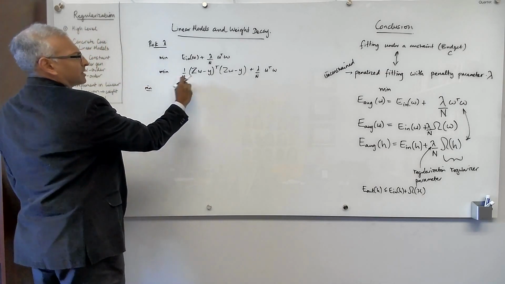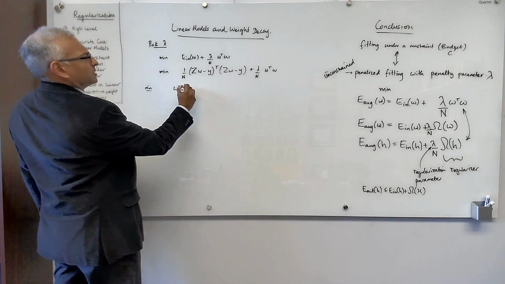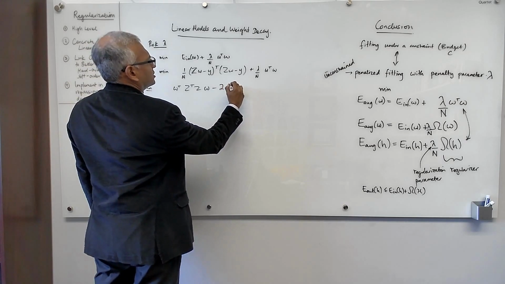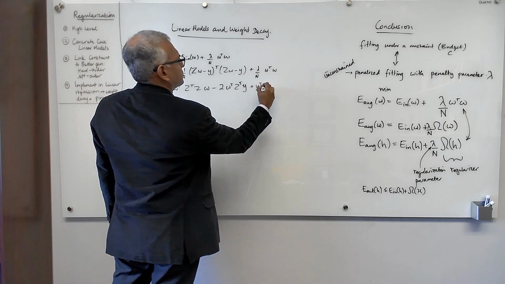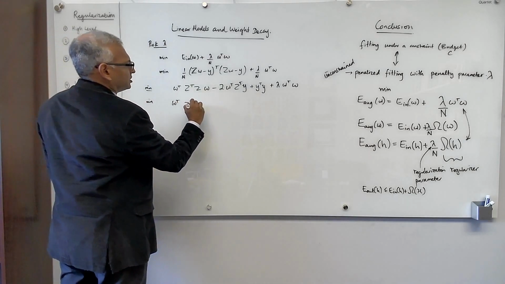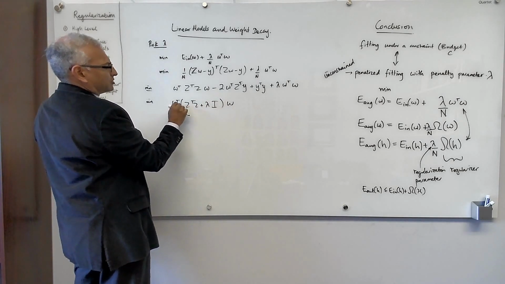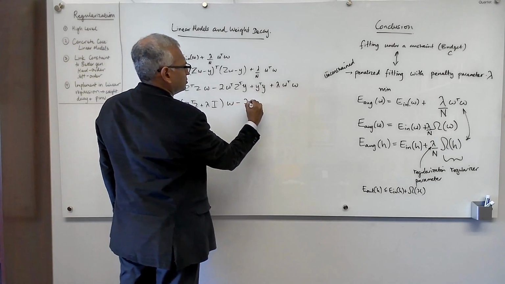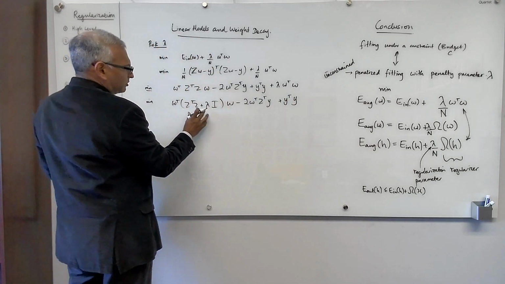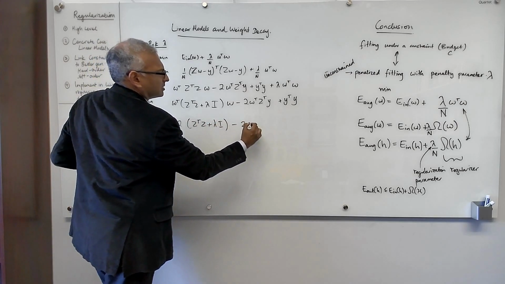The 1 over N can be ignored, so minimize W transpose Z transpose Z W minus twice W transpose Z transpose Y plus Y transpose Y plus lambda W transpose W. So this is equal to minimizing W transpose (Z transpose Z plus lambda I) W minus 2 W transpose Z transpose Y plus Y transpose Y. We take the gradient of this and set it to 0, and we get the regularized normal equations: twice (Z transpose Z plus lambda I) W minus twice Z transpose Y equals 0.